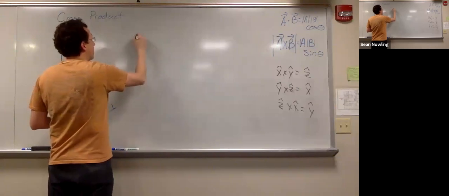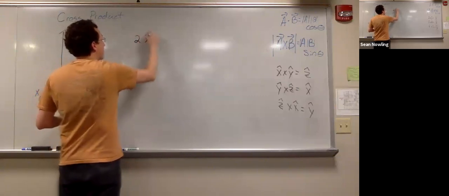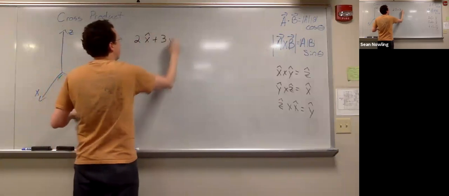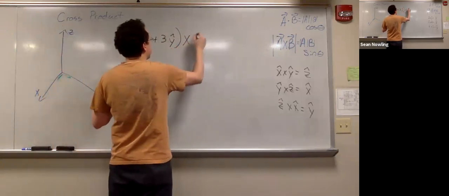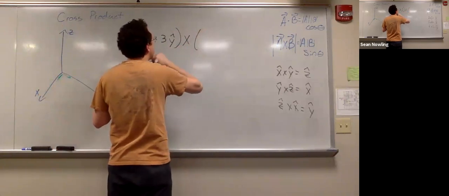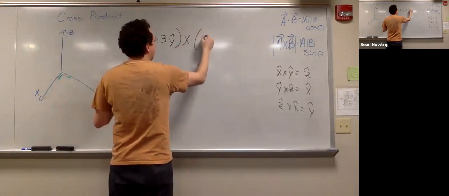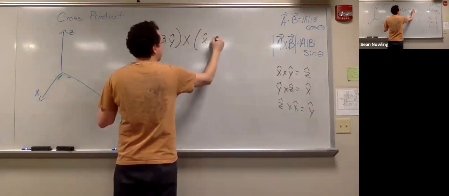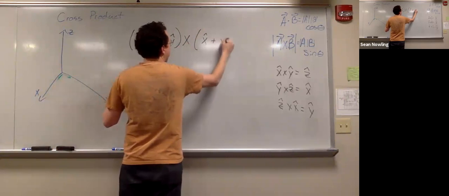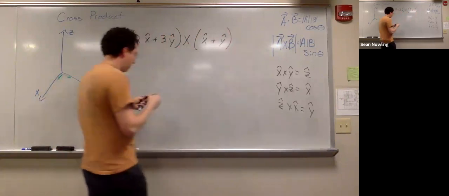So let's imagine I had 2x hat plus 3y hat, and I'm going to take the cross product with, let's just do x hat plus y hat, something simple.